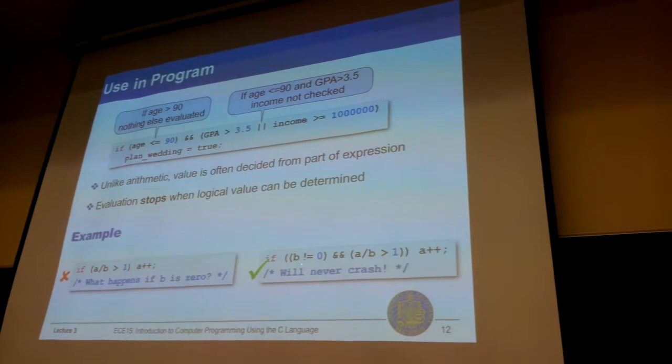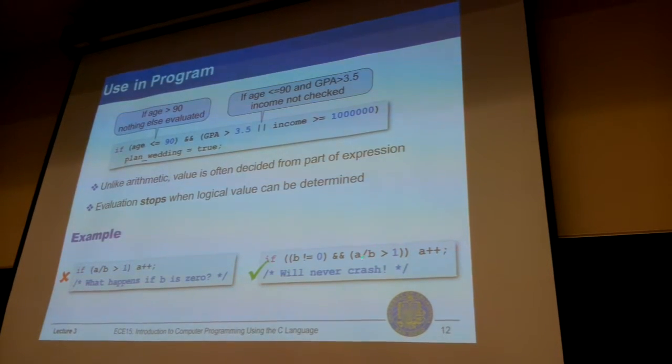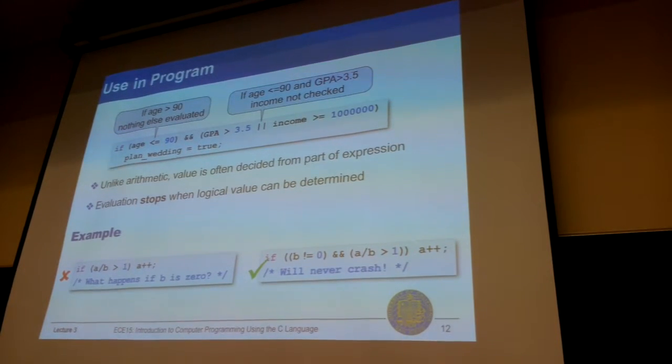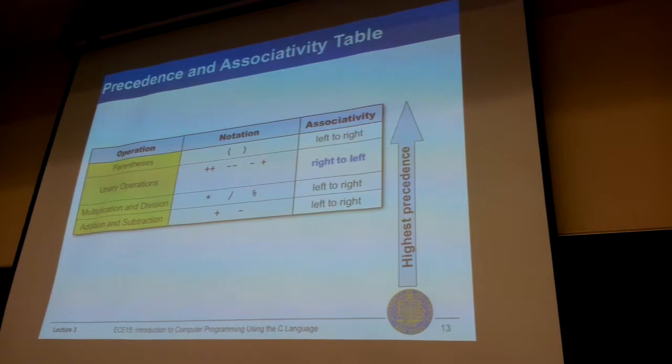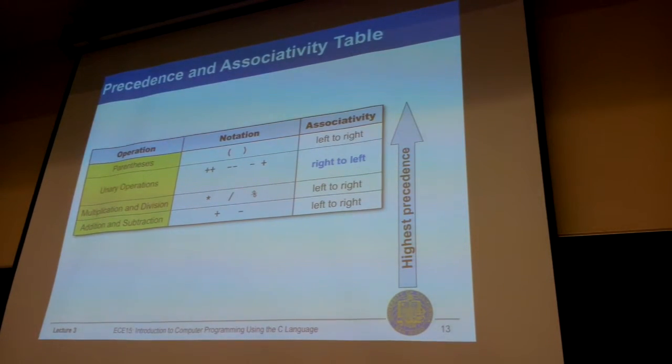If we check to make sure that b is not equal to 0 before this expression, then if b is equal to 0, we know that this and is always going to be false, right? So your program will never actually evaluate this expression, and will never hit the divide by 0 error. It turns out that this early stopping is a really handy feature of the C programming language.